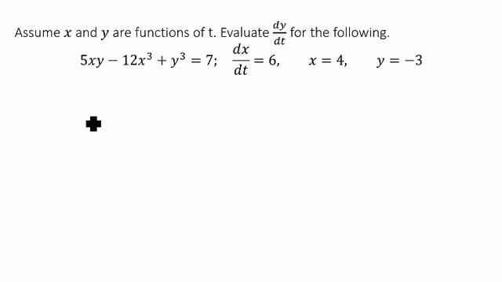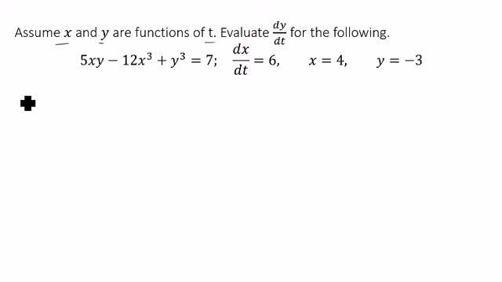So this requires implicit differentiation with respect to t. Now remember, x and y are functions of t, so we can differentiate x and y both with respect to t, and they're not going to be 0. We already saw here dx/dt is 6, so we've got to find dy/dt.